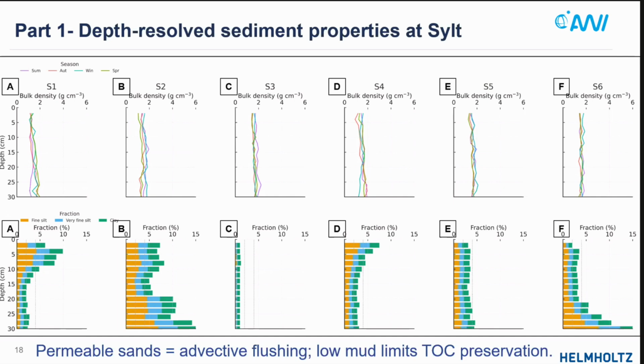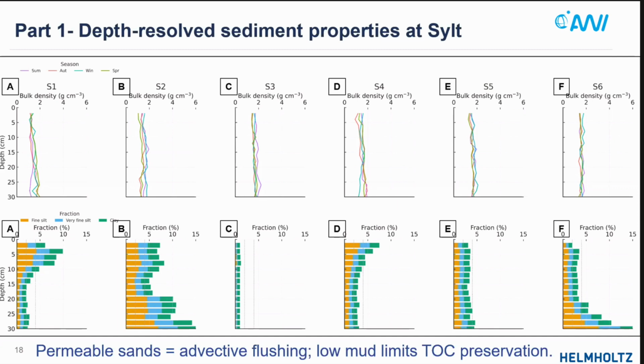And if we look at the grain size, at the bottom panel, panel C, this is S3. S3 was taken as reference, which is intertidal bare sediment. There were no organisms present.